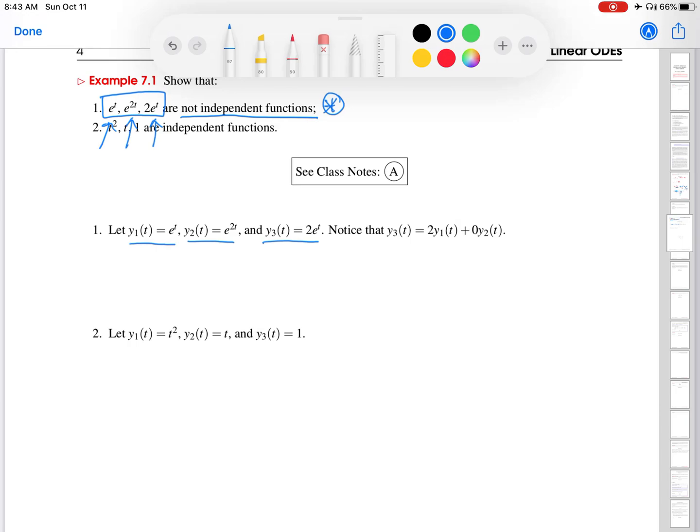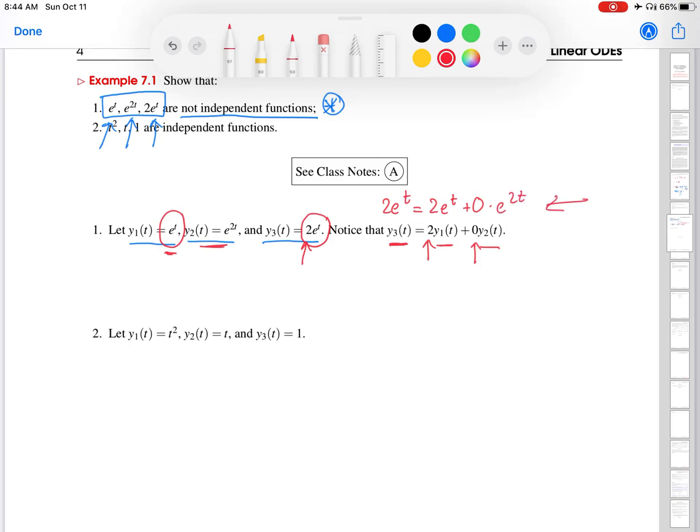And I have chosen the example to make it a little easier for us to see that. We can certainly see that 2e to the t is related to e to the t, right? The only difference here is that this one has a factor of 2. So that's what I've written here. y3, which is 2e to the t, equals 2 times y1. So this is, because y1 is e to the t, also 2e to the t, plus 0 times y2, which is e to the 2t.